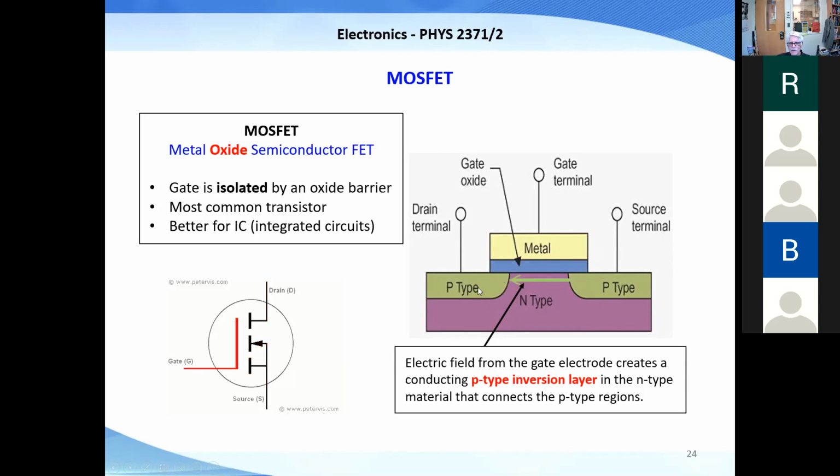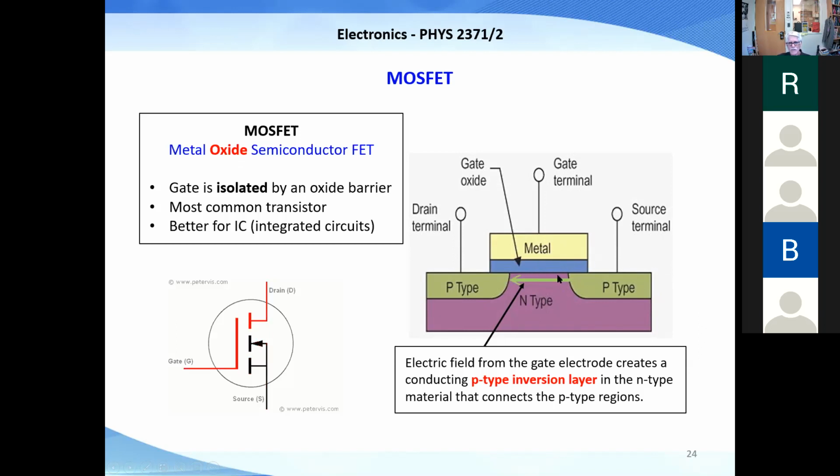You want to get conduction from source to drain, and you want the conducting region to vary in size, and you do it with this metal electrode, but the electrode now is insulated from it. So that's why they call it a MOSFET: the oxide, the insulator, an extra insulator.